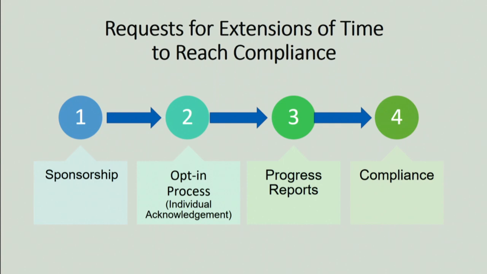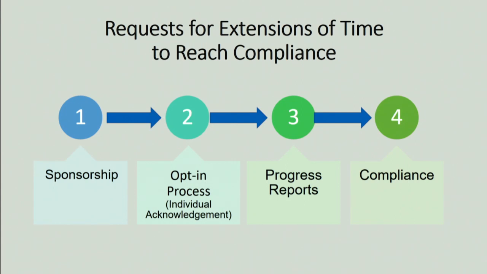We said, look, if you would like an extension of time to comply with the regulation, you have to find a sponsor who will be part of this experimentation process. You have to opt into that experimentation process, and what that meant was, number one, you had to sign that you understood that in addition to the reporting requirement for your water right, you also understood that there was a measurement requirement.